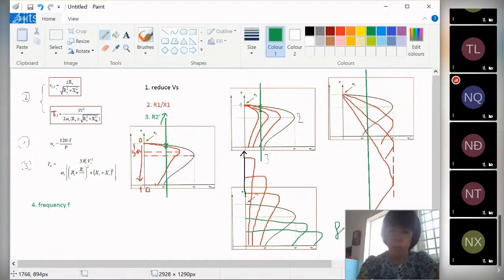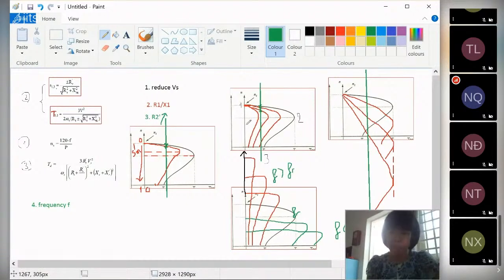This is the frequency smaller than the rated frequency, and this is the frequency larger than the rated frequency. And this is the natural response with the rated frequency. Okay, do you agree with me?